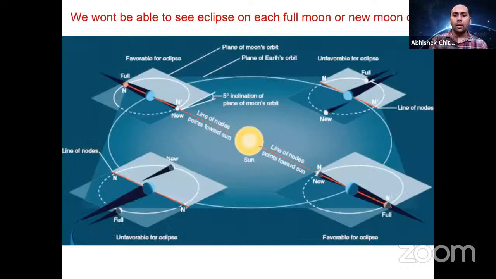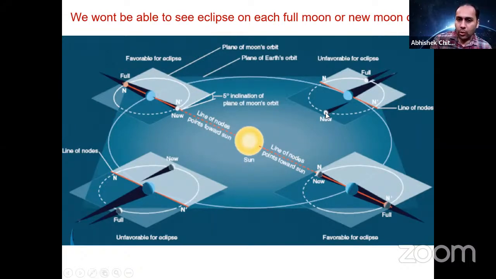So here, one graphic is made. Now you can see this is the moon. This one is new moon, and this is the full moon day. Suppose the moon is present between sun and earth, but it is a little bit above or below the earth's orbit, then the shadow is falling either above or below.